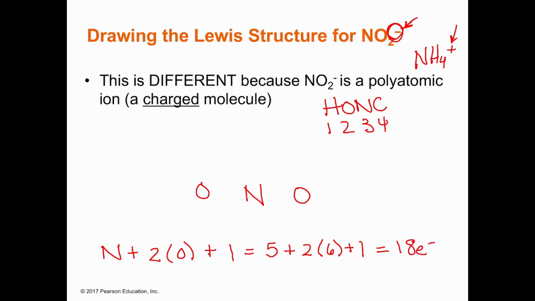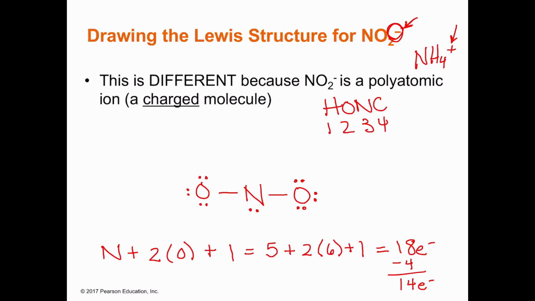We use our electrons to bond our exterior atoms to our central atom. So 2, 4, so we have 14 electrons left. Let's go ahead and give everyone some electrons: 1, 2, 3, 4, 5, 6, 7, 8, 9, 10, 11, 12, 13, 14.